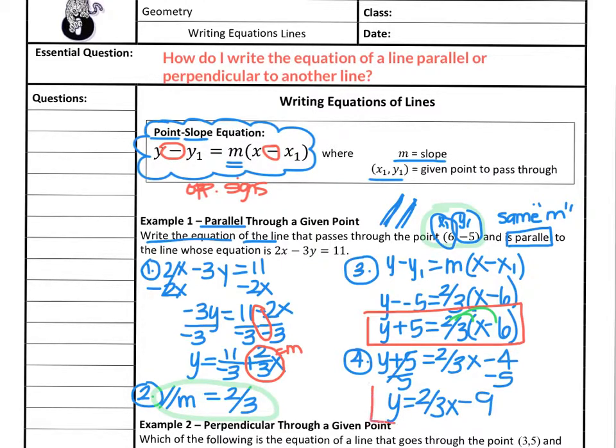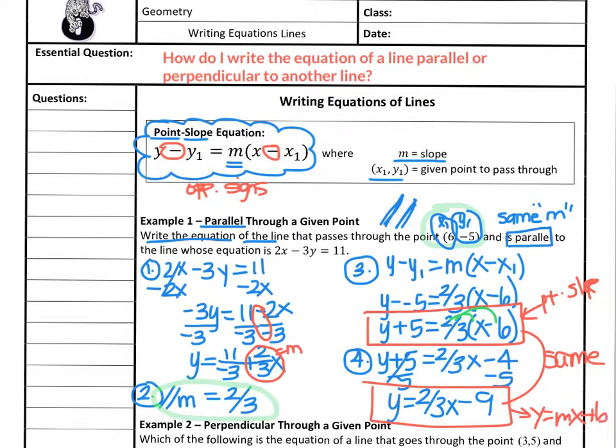Okay, so here's our equation in y equals. These are exactly the same, but this one is in point slope form, whereas this one is in y equals mx plus b. Okay, so let's go ahead and just come up with some general steps on the side here.